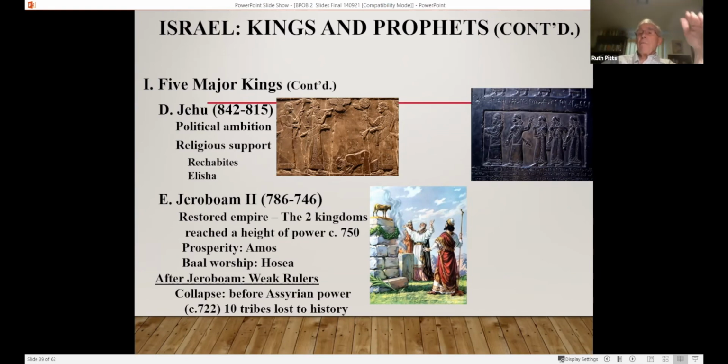He restored the empire, as much as he could. That is, he reconquered some of that territory that had been lost. This is a time of great prosperity, as Amos will tell us, and of Baal worship, as Hosea will tell us. Then after Jeroboam, after 746, you have very weak rulers, and they're trying to cope with the Assyrians.